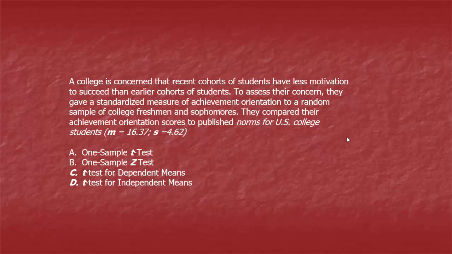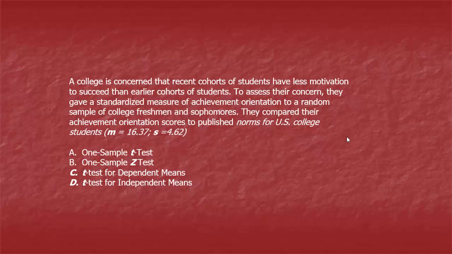Next one. A college is concerned that recent cohorts of students have less motivation to succeed than earlier cohorts of students. To assess their concern, they gave a standardized measure of achievement orientation to a random sample of college freshmen and sophomores.